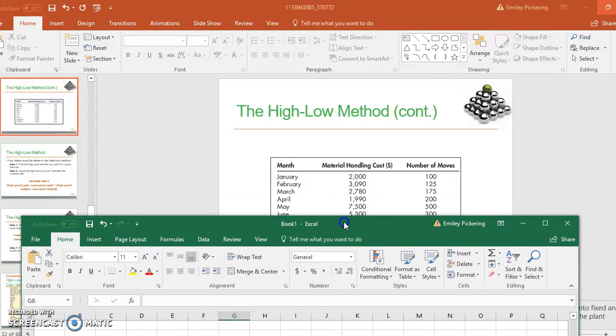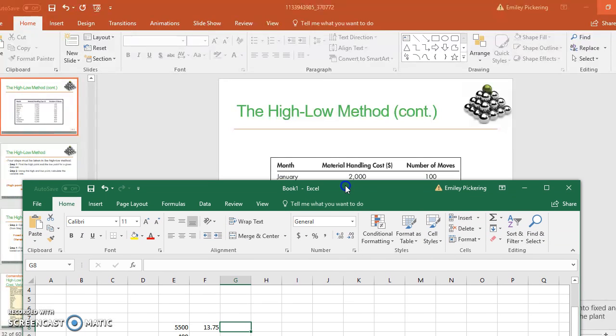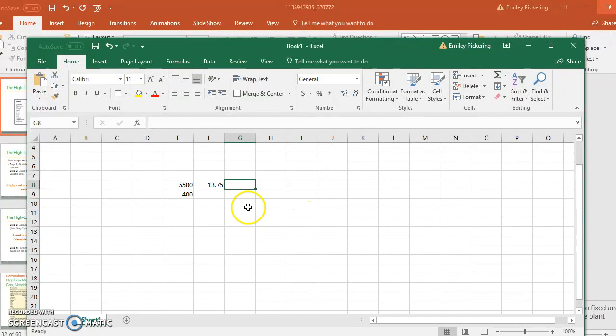So let's take the low since it's here. So I know that my total cost between my variable and my fixed was $2,000 and I had 100 moves. So my variable cost is 100 times 13.75. So my variable cost per move is $13.75.